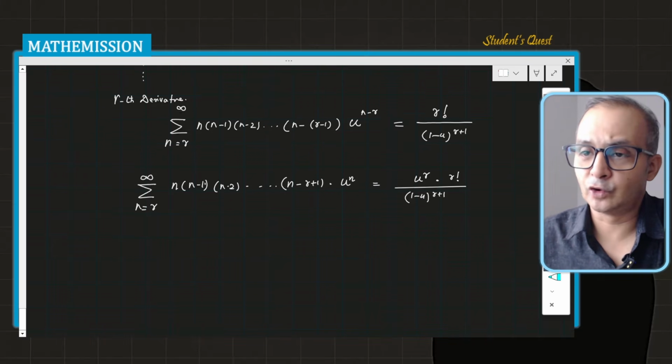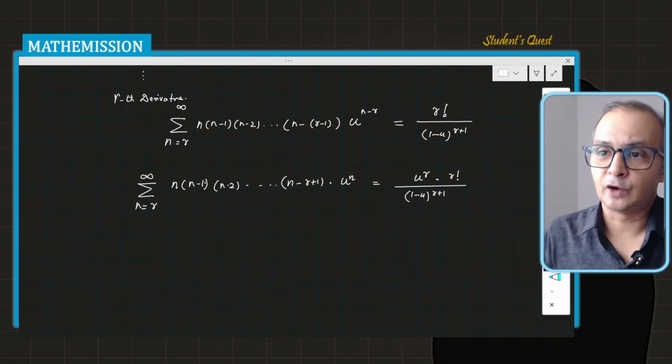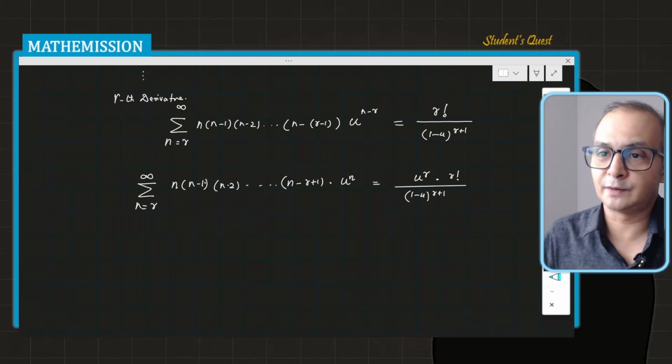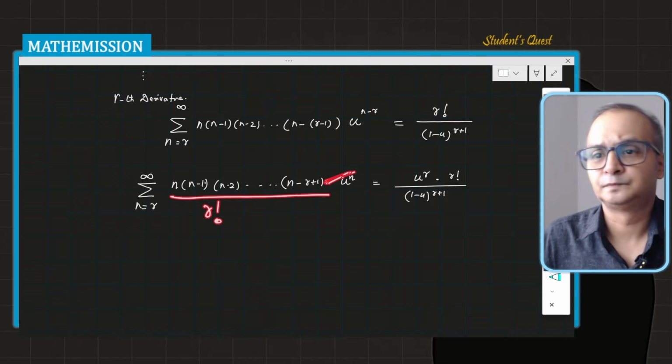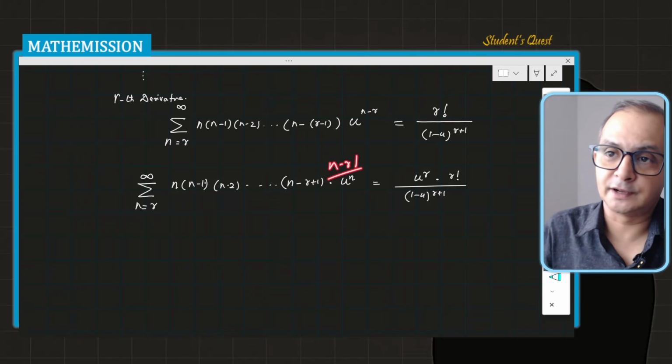Now it's already over. You can see what is happening here. I can divide now the entire equation by r factorial, and once you divide by r factorial, notice the consequence. This will give you r factorial, and here I have already r minus 1 factorial is missing. Here already n minus r factorial is missing.